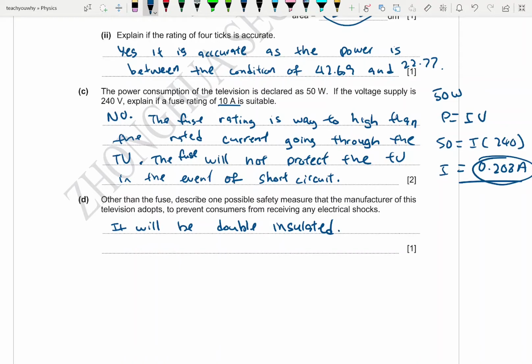Double insulated means the casing of the TV is made of plastic. On top of it, the internal circuitry also has another insulation. Basically, if you see the wires of the TV running within the TV, they are covered with another layer of rubber.